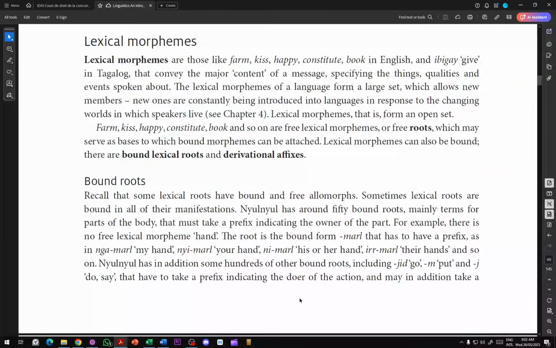So derivational affixes. I still don't get the difference between normal affixes and derivational affixes. Wouldn't all affixes produce stems?